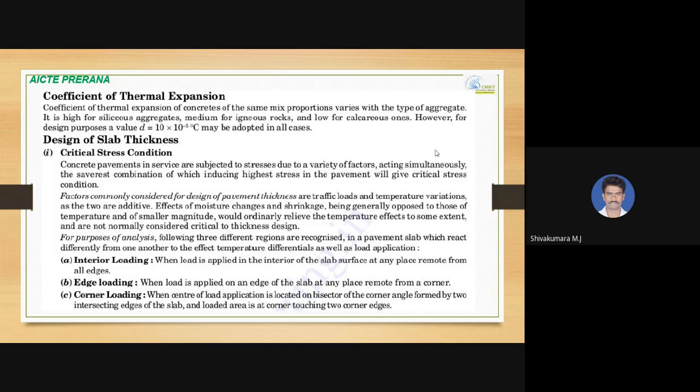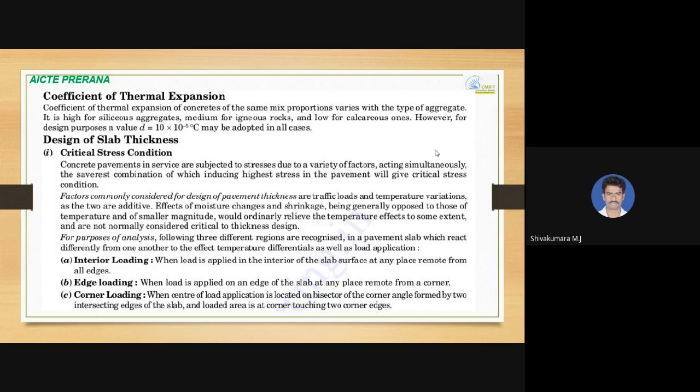Factors commonly considered for design of pavement thickness are traffic loads and temperature variations, as the two are additive, the effects of moisture changes and shrinkage being generally opposed to those of temperature, and of smaller magnitude.